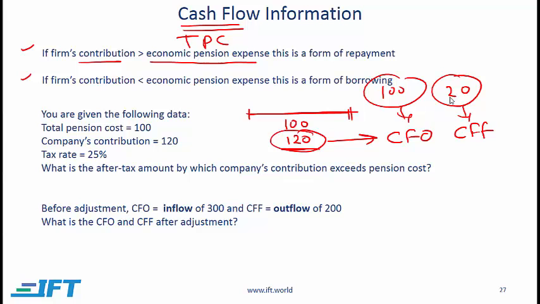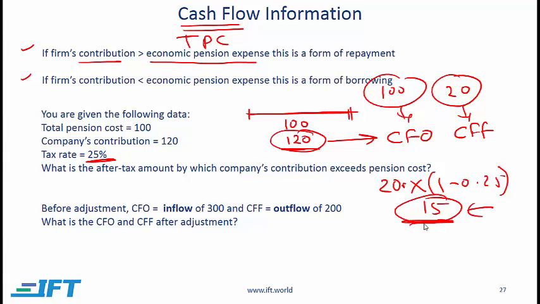If we have a tax rate of 25%, then on an after tax basis, we'll have 20 times 1 minus 0.25, which is 20 into 75%, 15. So on an after tax basis, the adjustment needs to be 15.